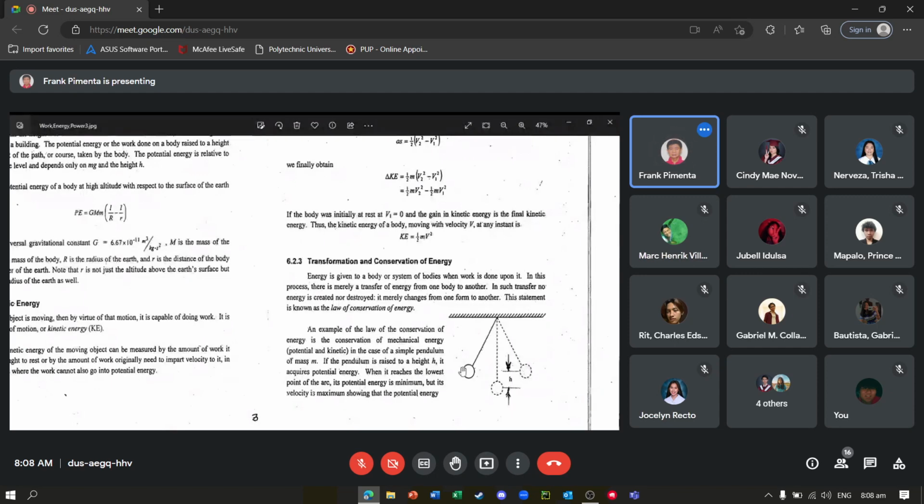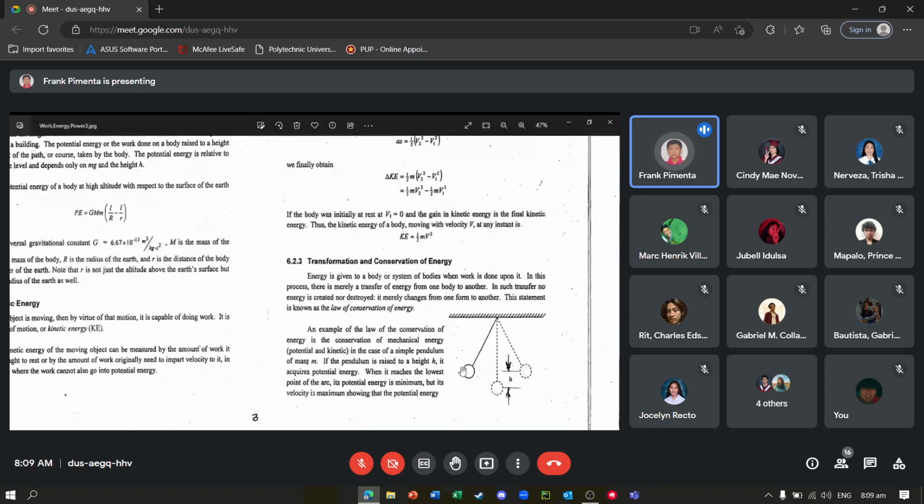Now, since the pendulum is following a perfect arc of a circle, the energy equation at any point in the arc, on the path, is potential energy plus kinetic energy.